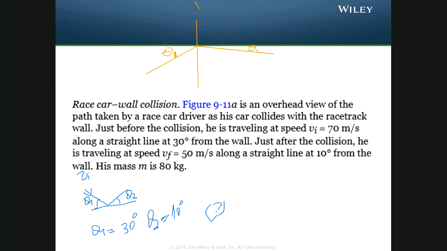So let me change colors here. One thing we can see is at the collision point, we have our initial momentum, so that will be Pi. And then we'll have our final momentum, Pf.